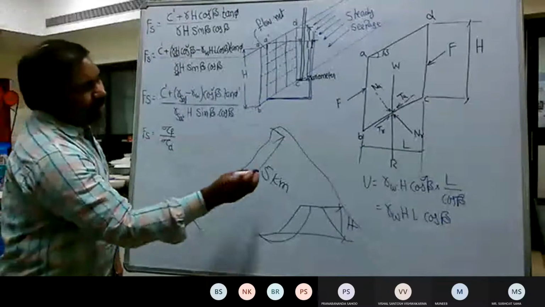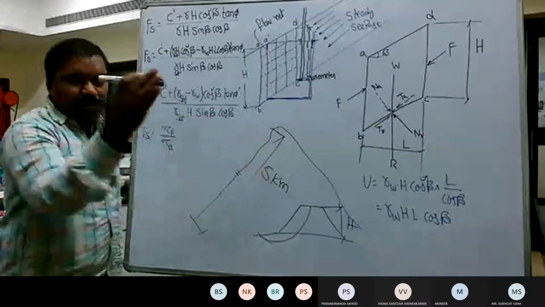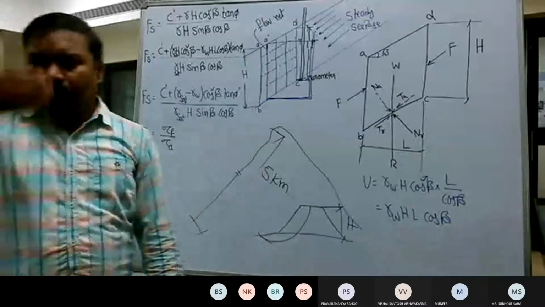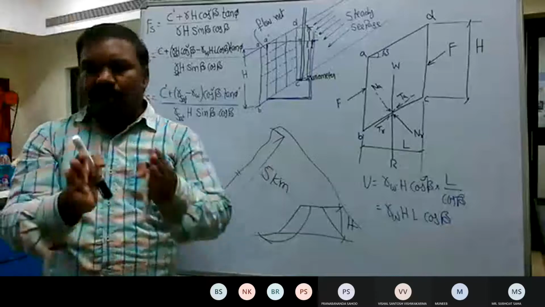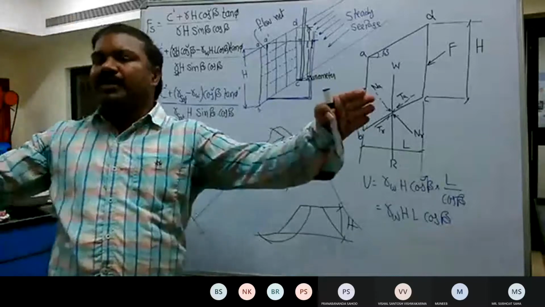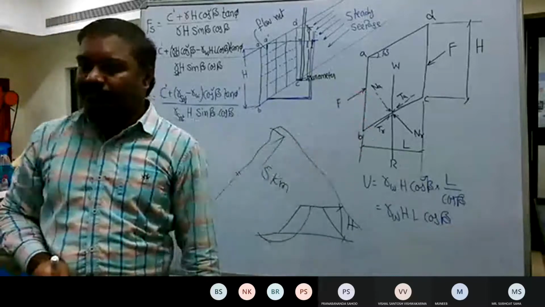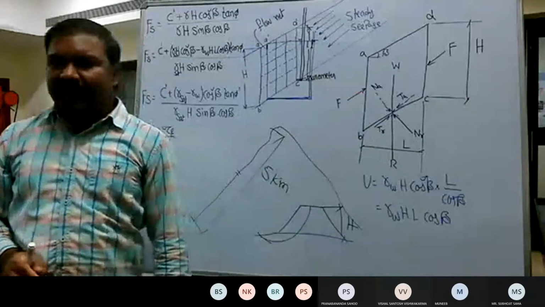And what about the third aspect? See, suppose you have seen the Borneo hill. You are seeing only the sloping face, but how far is that sloping face extended? Is it again finite or infinite?